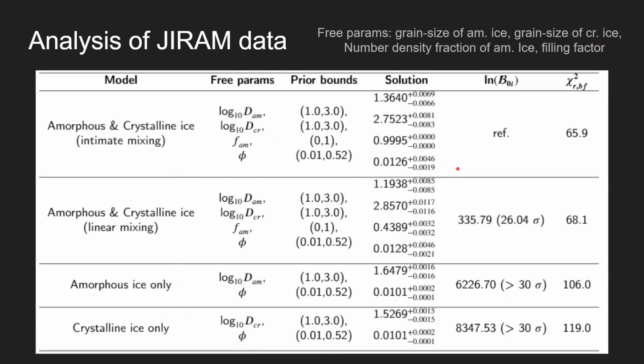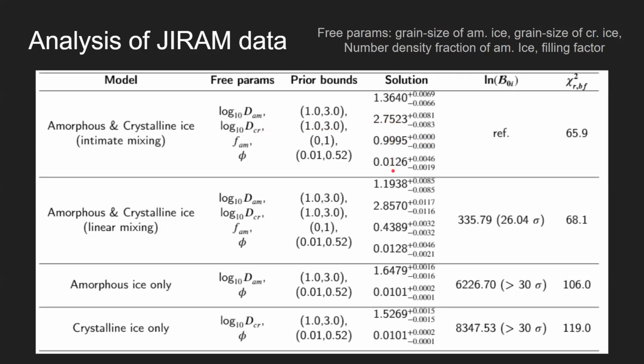Having established that the intimate mixing model is very strongly preferred, our results show that the mixture contains a very large number fraction of amorphous ice, which are of a very small average grain size. This is 10 to the power 1.36, which is about 20 microns. And the amount of crystalline ice is very low, just like 0.05%, and the grain sizes are very high, around 600 microns.